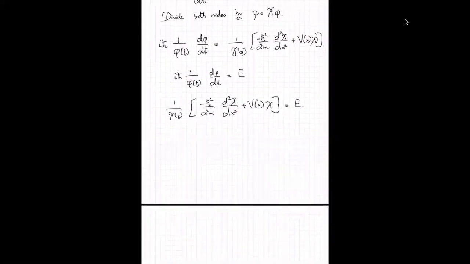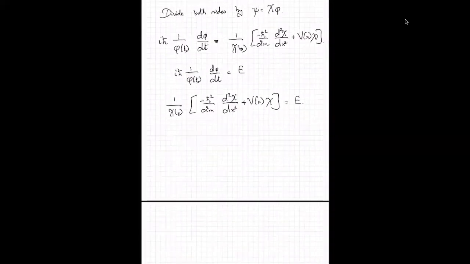So I'll rewrite the first equation as d phi dt equals minus i E over h bar phi. I'll call this equation 2.